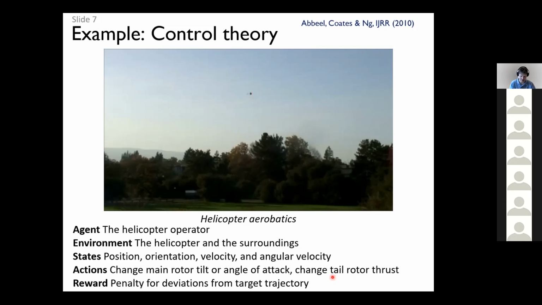And it can change the tail rotor speed to make it rotate around its main axis. But unfortunately, we can't see this now because my animations were messed up.